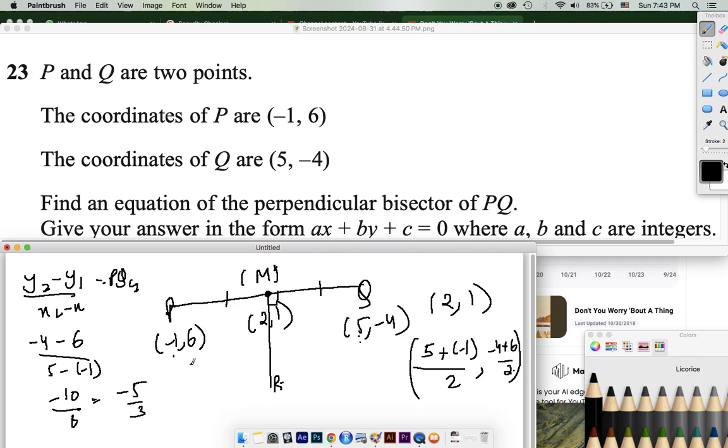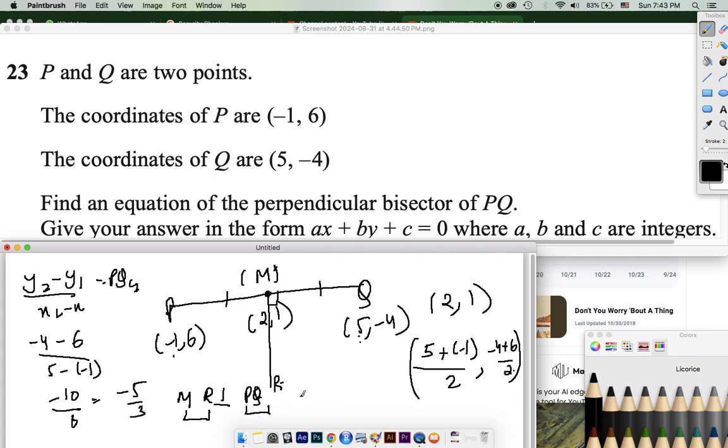Now, we know MR is the perpendicular bisector to PQ, right? What does that mean? It passes through the midpoint (2, 1), and the slope of MR multiplied by the slope of PQ will be equal to -1.